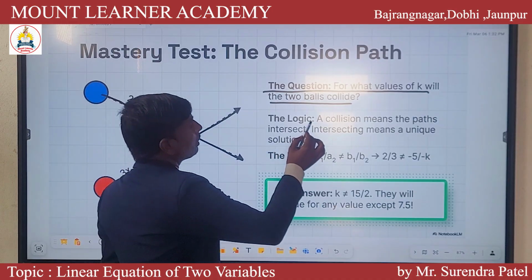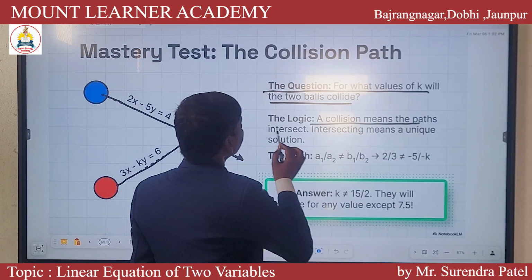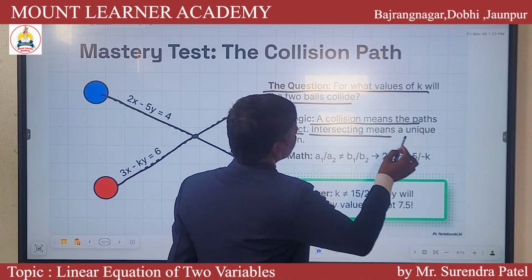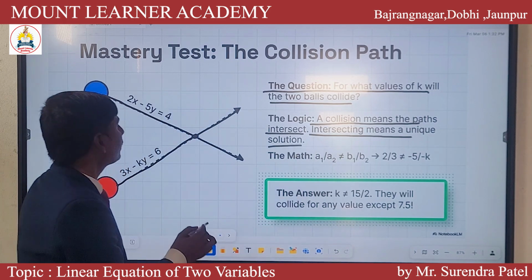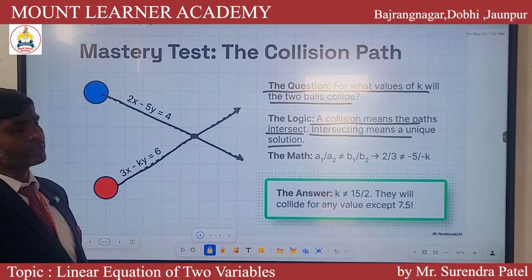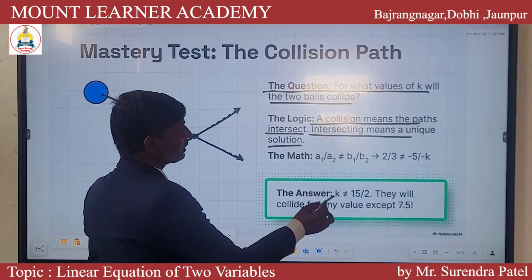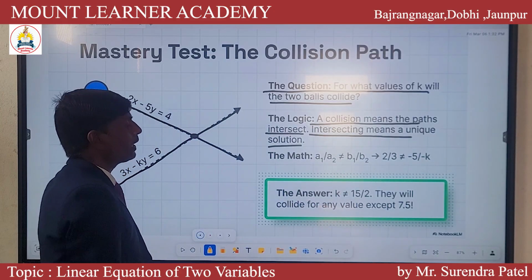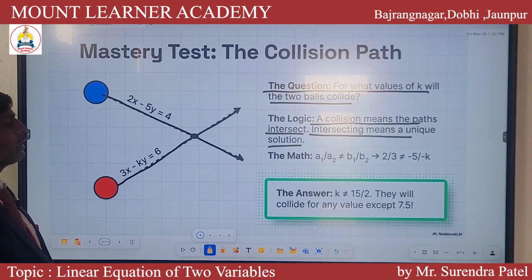The logic: a collision means the paths intersect, which means a unique solution, where the two lines intersect each other. Answer: k does not equal 15 upon 2. They will collide for every value except this one.